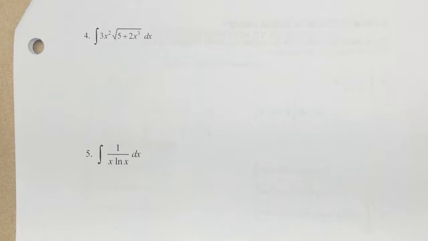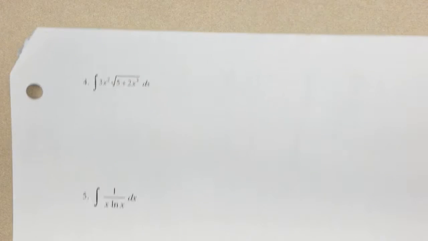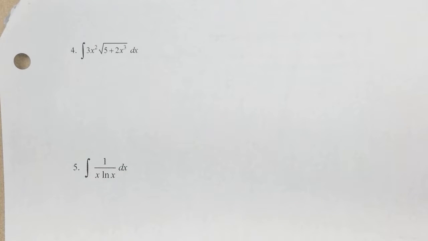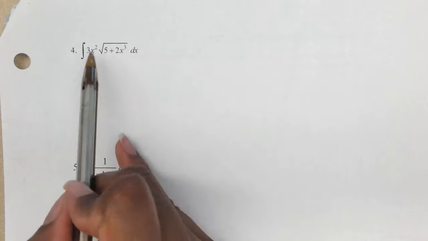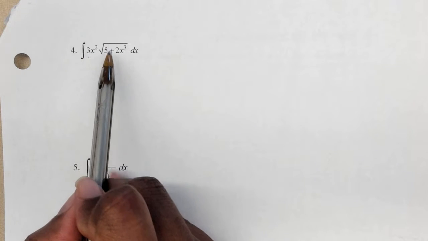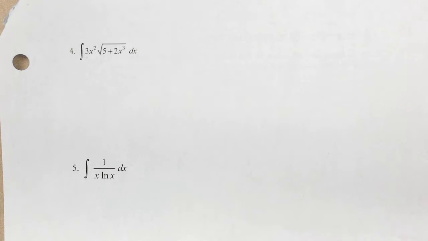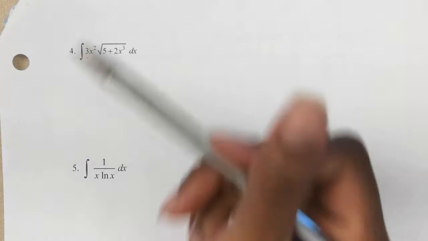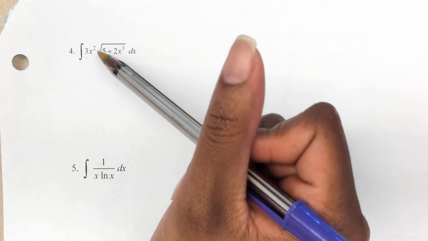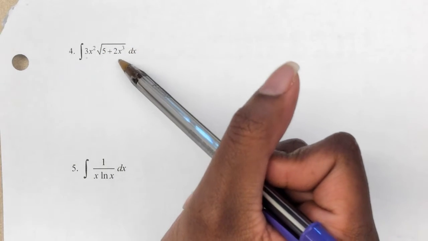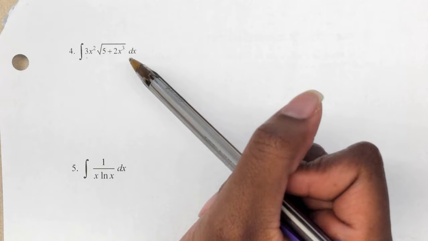Alright, for number 4, again we have to be strategic for what we pick for our u. So we have options. We could pick 3x squared. We could pick the 5 plus 2x cubed to be our u. If I find the derivative of 3x squared, that's not going to help me cancel out 5 plus 2x cubed.